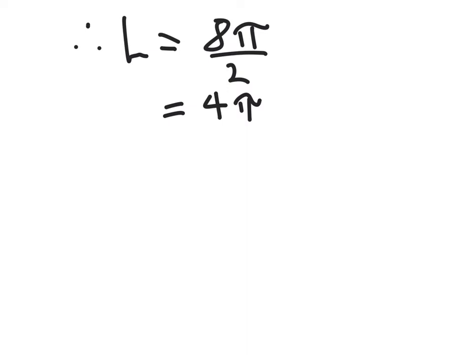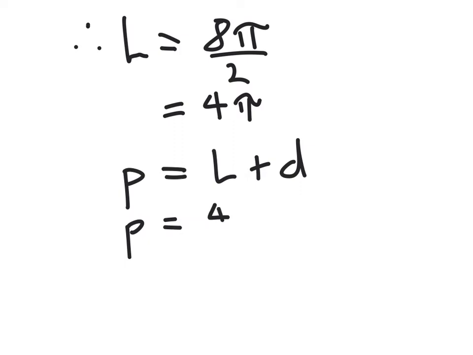We can write that P for perimeter is equal to L plus D. We know L is equal to 4 pi and we know that D is equal to 8, so that would be our exact expression for the perimeter.